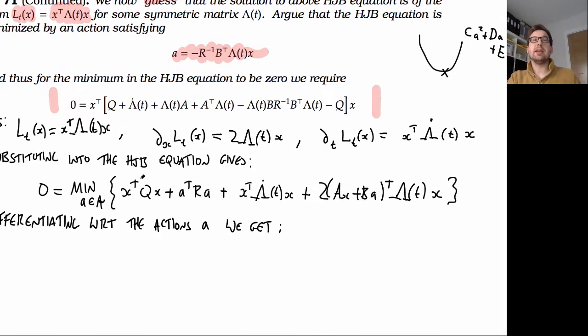The derivative of this with respect to a is 0. The derivative of this with respect to a is 2Ra. The derivative of this with respect to a is 0. The derivative of this with respect to a, we're going to pick up 2 lots of x(t) transpose lambda(t), and then this is going to be applying B a. Notice I've just swapped the signs over here. So that's the derivative with respect to the set of actions.